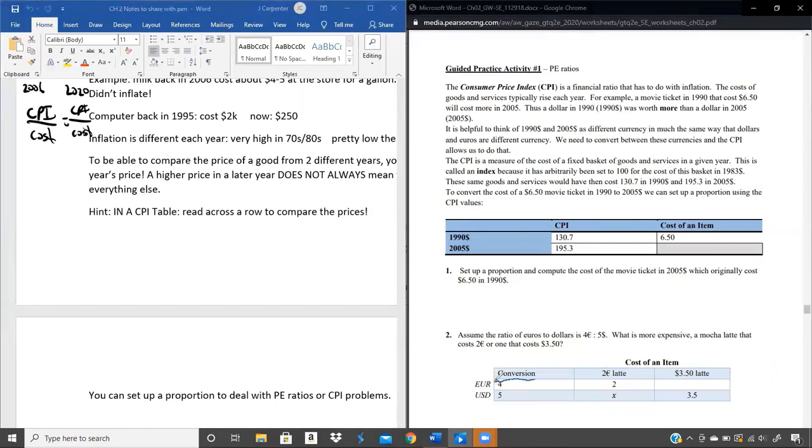The numbers are everything in this region. If I drew my box this way, we've got a number in a corner, a number in a corner, a number in a corner, and a blank. This is where I had the Y. Now, this would be a way of solving a proportion. You would be finding Y, and you would be able to make the comparison.